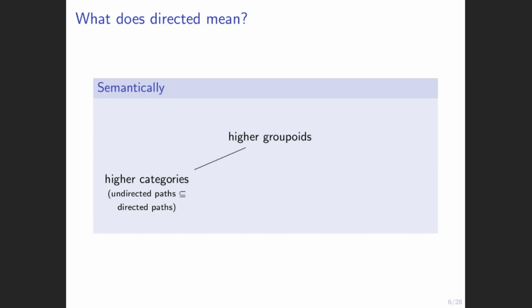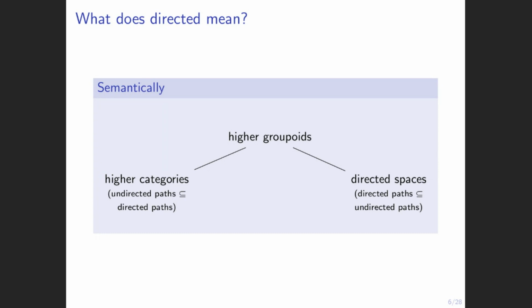So we have this relationship between the isomorphisms, the undirected paths, and the morphisms, the directed paths in a higher category. And there's another subject which I mentioned already, directed spaces or directed topology, directed homotopy theory, where we see the opposite relationship. We have a notion of directed paths, and we also have a notion of undirected paths, which I will explain in a second, and they have this opposite relationship.